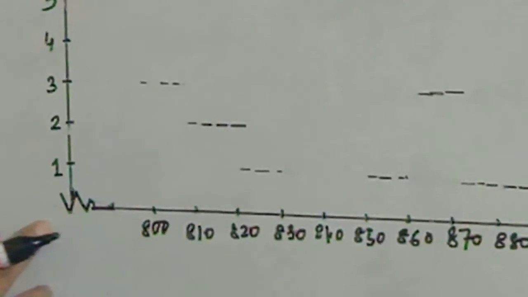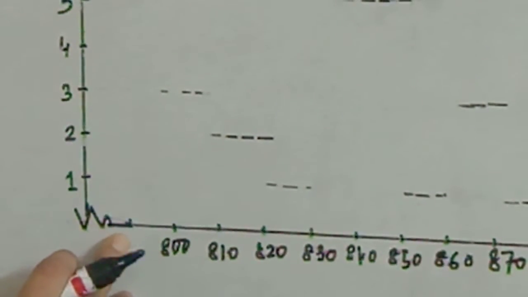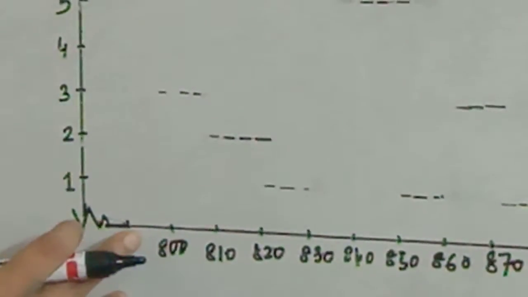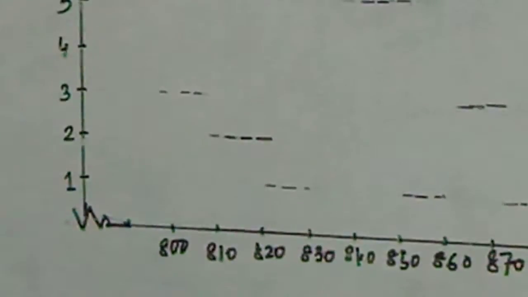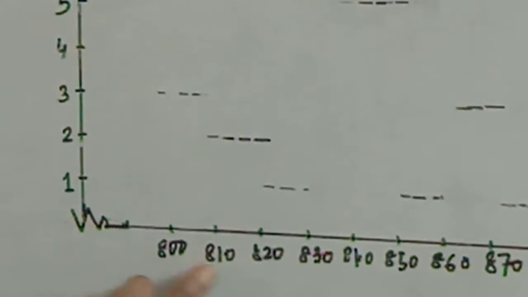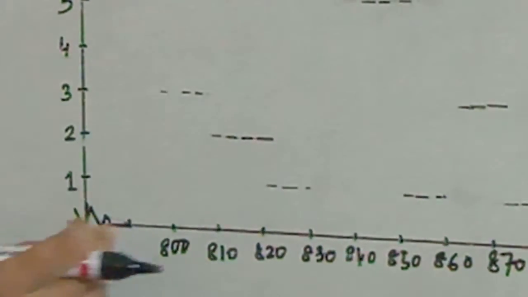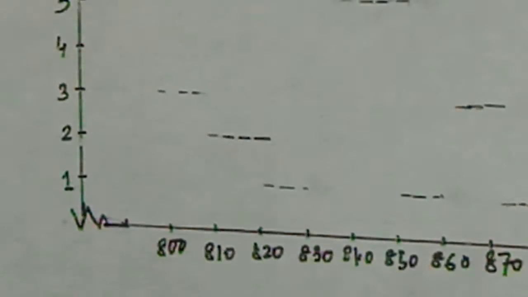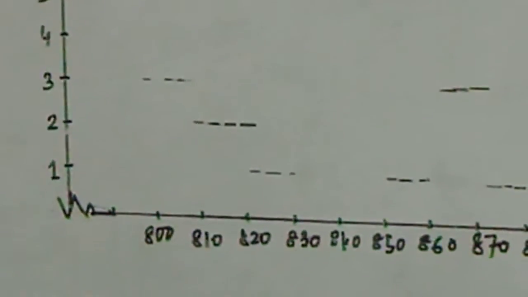That means many numbers come before it, like 790, then 800, and there is no need to show them. Our class interval starts from 800 to 810. So to show that the number line is broken here, we draw a kink. This kind of break you have to show here.